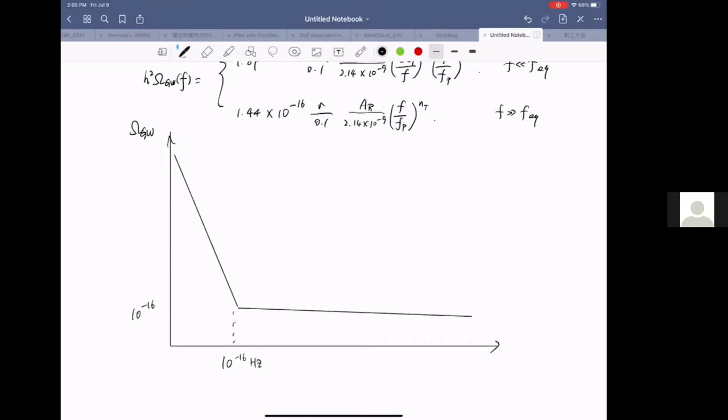The first thing is that this value is far beyond the detectability of all of these current observations.